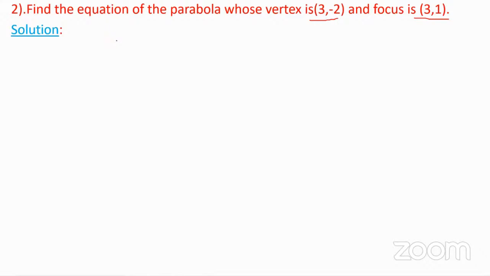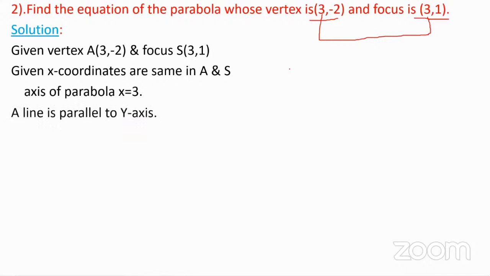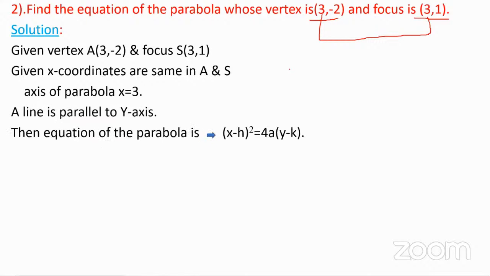Now we have to transform it for this parabola. Here the x coordinates are the same, so the axis of the parabola is x − 3 = 0, a line parallel to the y-axis.